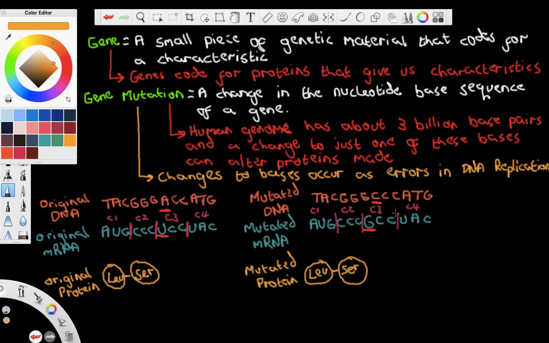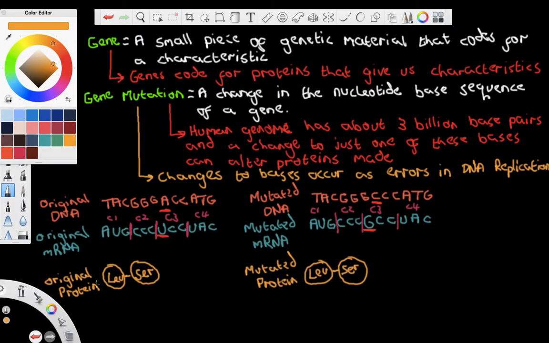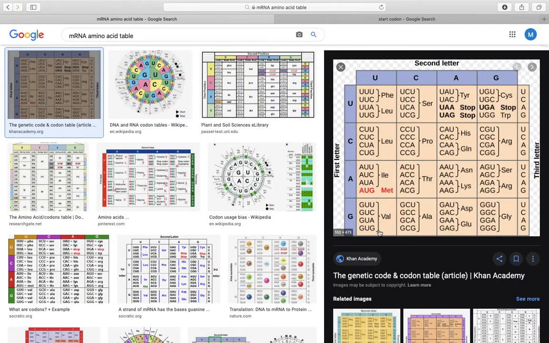But our third codon for this one is UCC. So UCC is serine. So for this first one, we're going to have a second serine attached to this, SER, whereas this one, GCC, GCC is alanine.